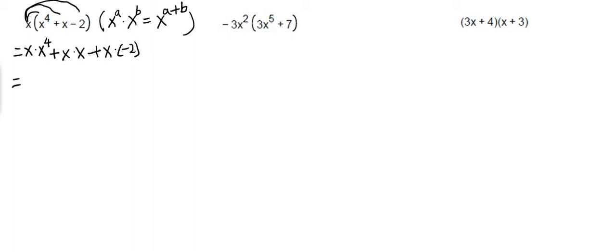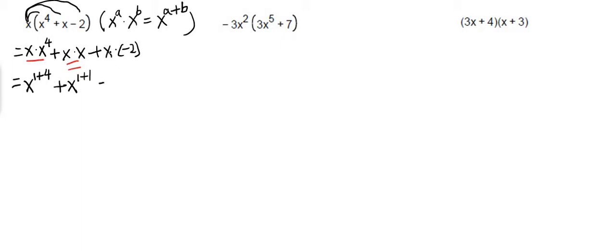Now we're going to follow the formula here. For this term, we have x, the base, a is 1, b is 4, so 1 plus 4. For the second term, it is x times x, so that means 1 plus 1.